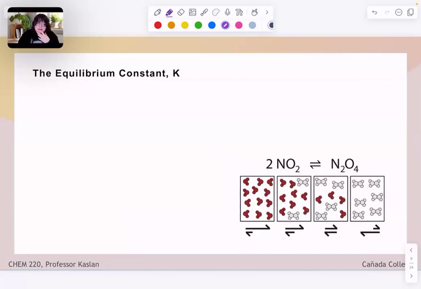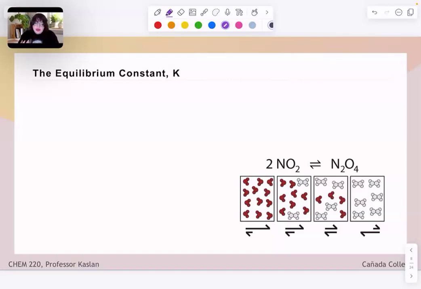All right. So far, our conversation about equilibrium has been innately qualitative, right? Like we've been describing a lot of conceptual ideas of what's going on at equilibrium. However, the nice part about chemical reactions and what chemists tend to have fun with is that we can calculate actual chemical quantities by using stoichiometry.